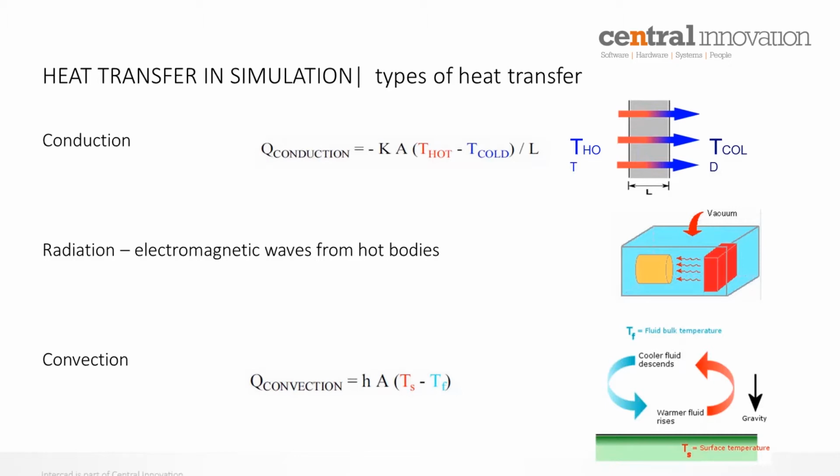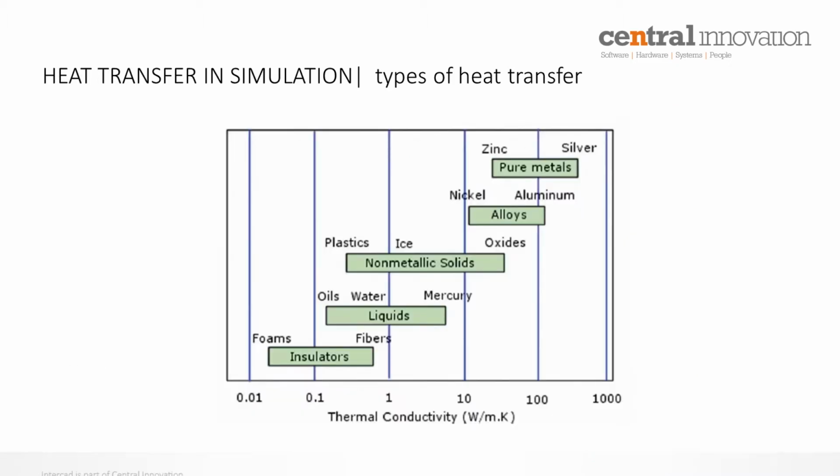And we can model this in FlowSim, but not in Simulation Professional, where we have to specify it as a coefficient and understand what it is. So just a couple of charts to give you a feel for dealing with conduction in solids.